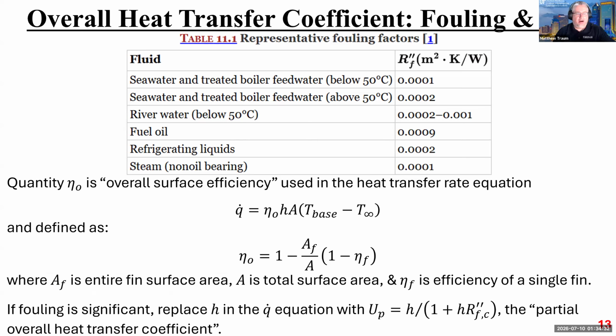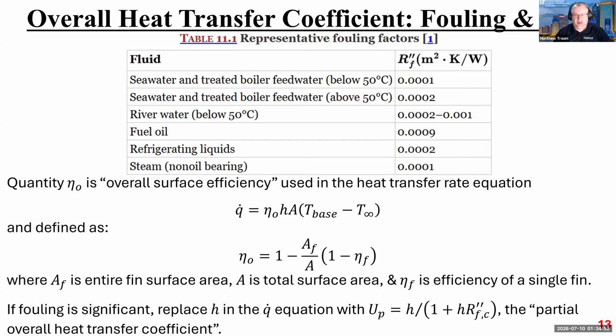So here are just some typical values for what you might expect as fouling resistances in heat exchangers, subject to these different kinds of processes in industry, right? So we've got seawater and treated boiler feed water.